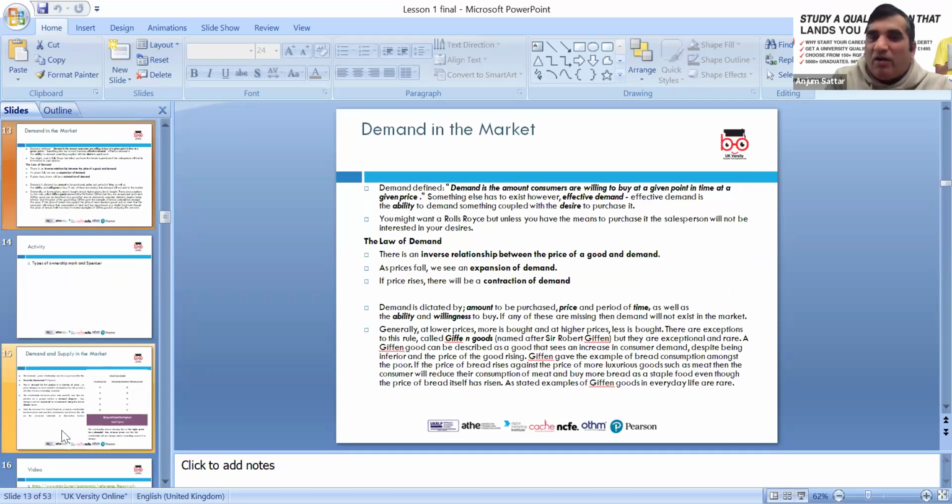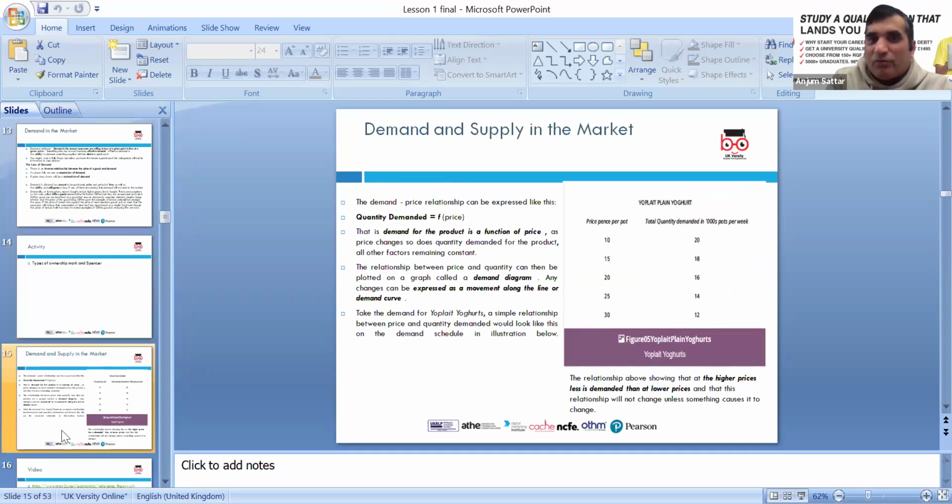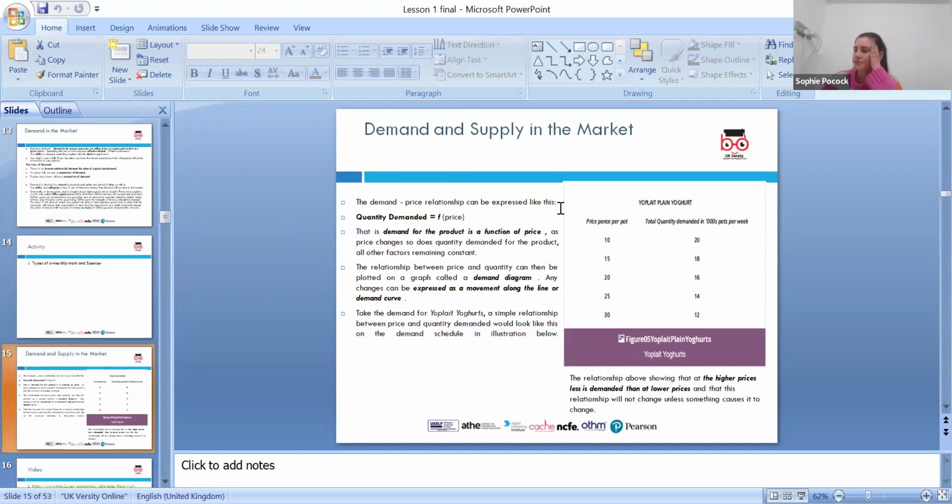Demand in the market always carries on changing, because of the business environment. This slide indicates demand and supply. When prices go up, demand goes down; when prices go down, demand goes up. This is generic.